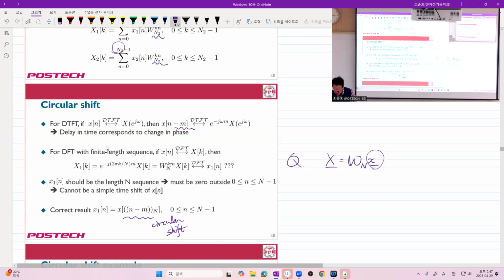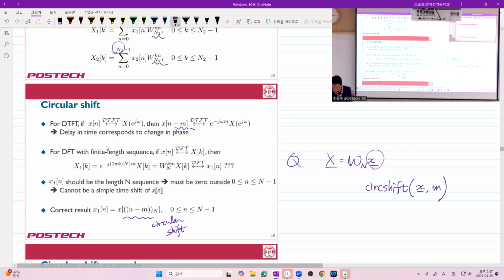In MATLAB, circshift X, some M. Is it M? Yeah, M. It means that you circular downshift this vector X. Got it? So circshift X, 0 is vector X.